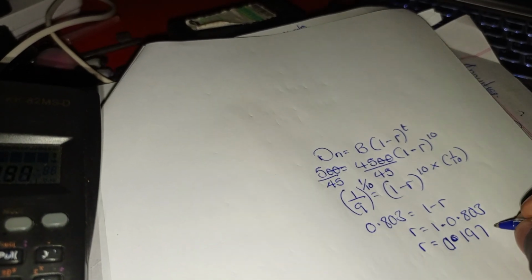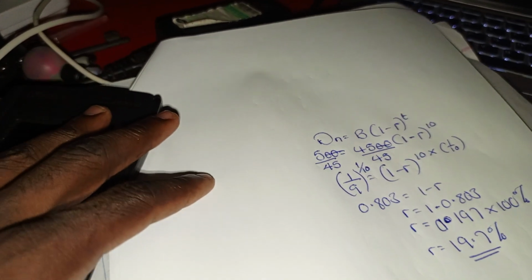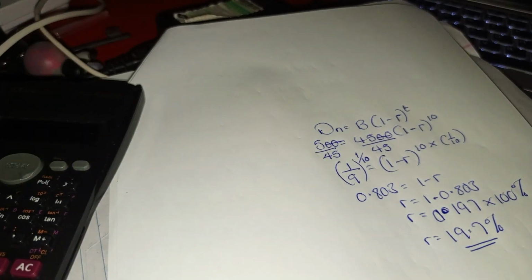So immediately you group the like terms, you will have your answer now to be 0.197. Then you multiply this with 100% and you will get your answer to be 19.7%.